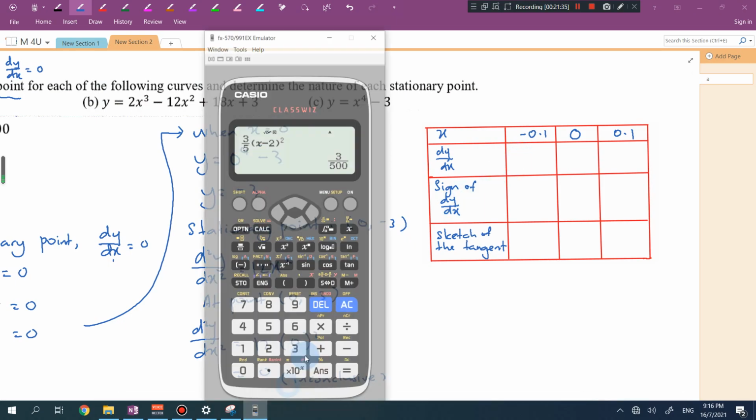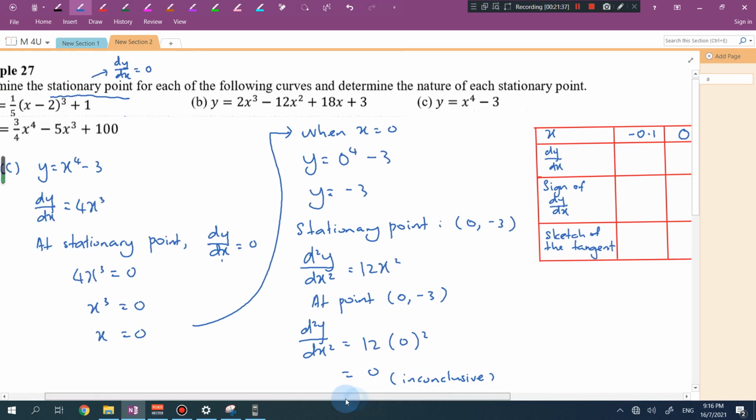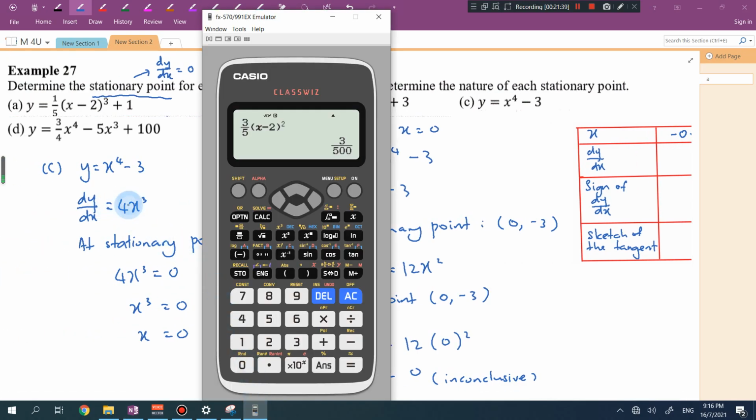Let me show you. First, key in this gradient function, 4x to the power 3. Press calculate, and then key in the value that we need, negative 0.1.